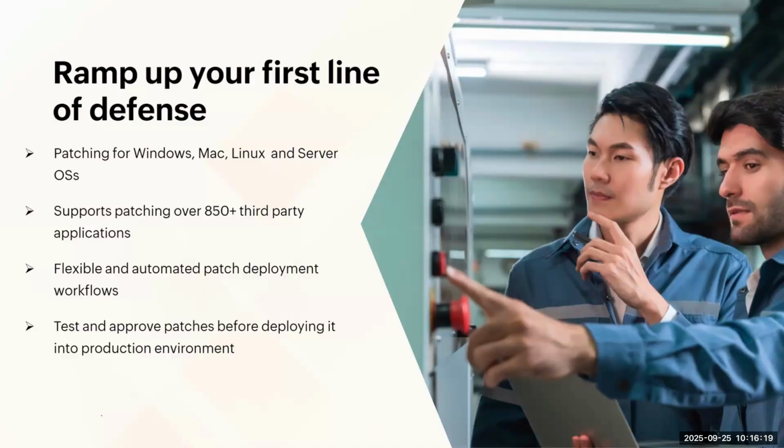So the first thing that I would like to speak about is your security or your first line of defense. So we know that patching is usually the first line of defense. So when there's a vulnerability, quickly the application provider or the operating system manufacturers such as Windows provide patches every month to patch up vulnerabilities before they can be taken advantage of.